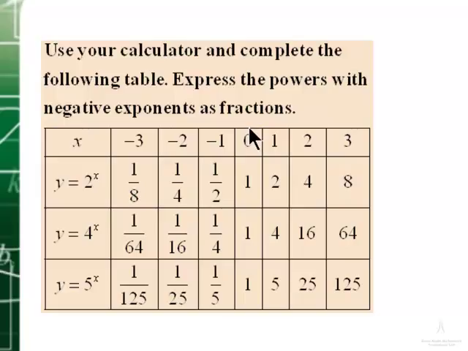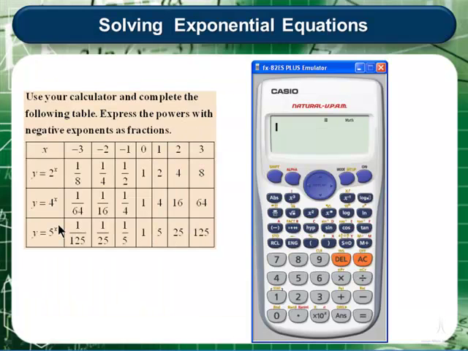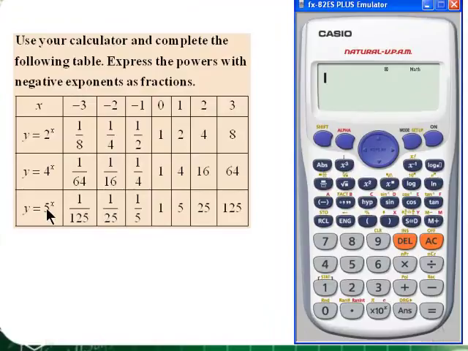Right, so that's exactly what is requested here. Just to show you how you could use your calculator, if for instance x is minus 3, then 5 to the power minus 3, you can calculate that with your calculator.